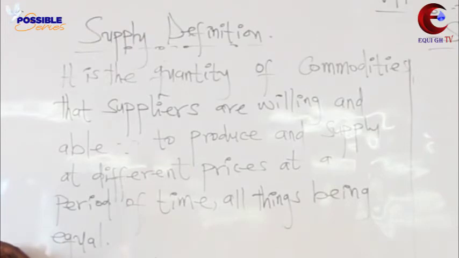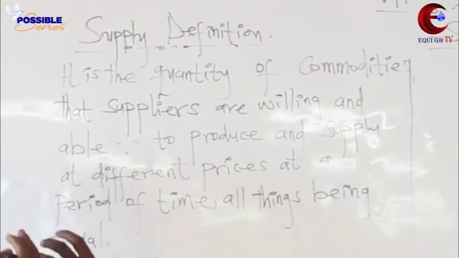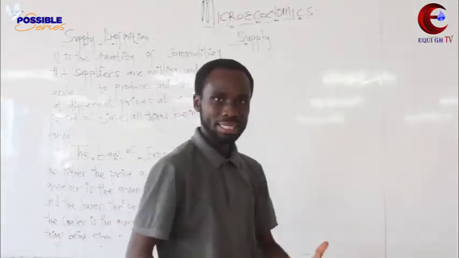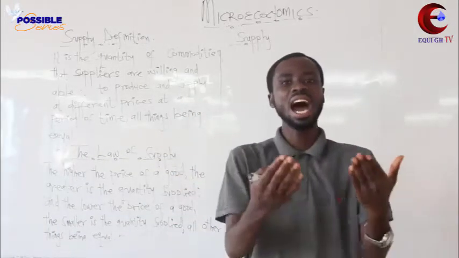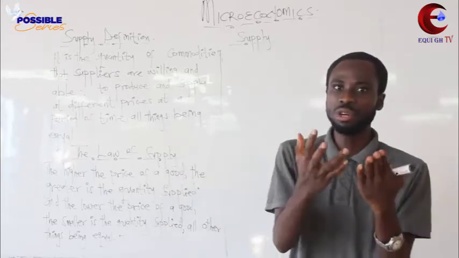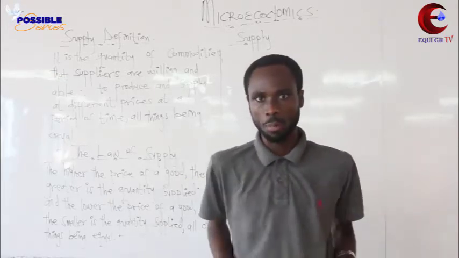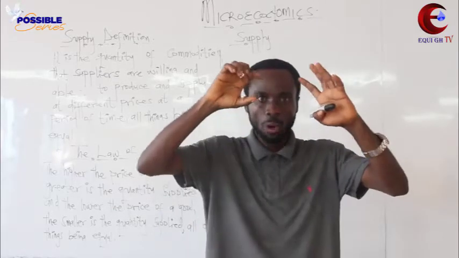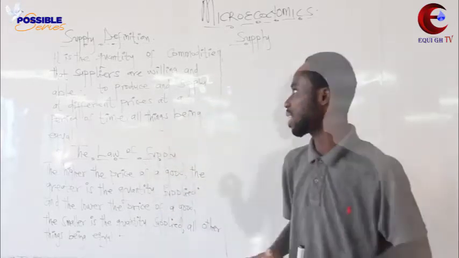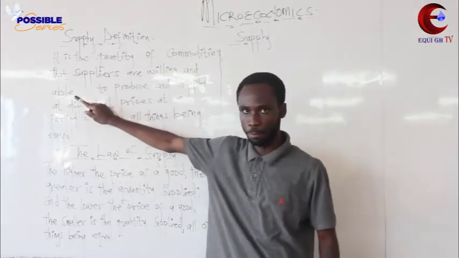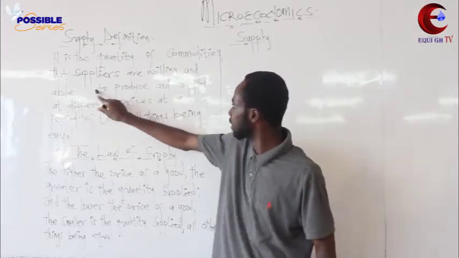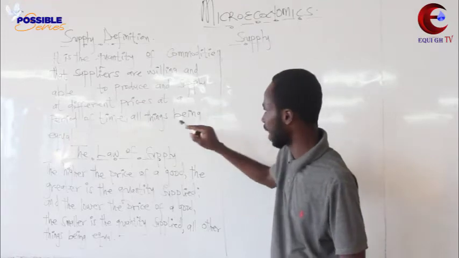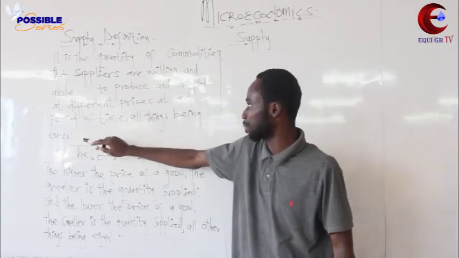The suppliers are willing, but are they able? Do they have the necessary resources to produce the commodity in question? That is the ability.